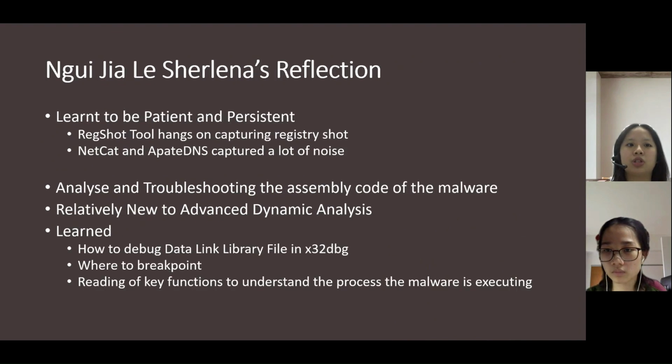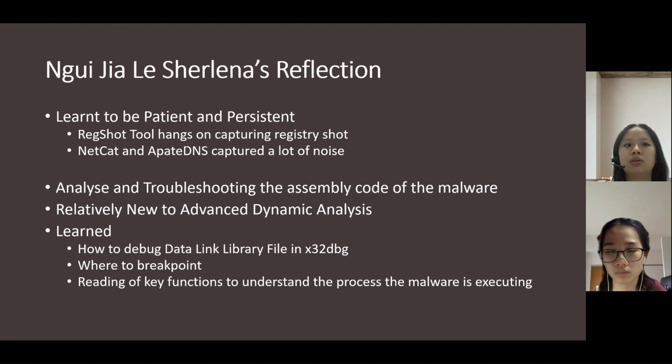So for my reflection, I learned how to be patient and persistent, as through the basic dynamic analysis, tools like RegShot kept hanging, and every time we captured the registry, it always took a really long time.